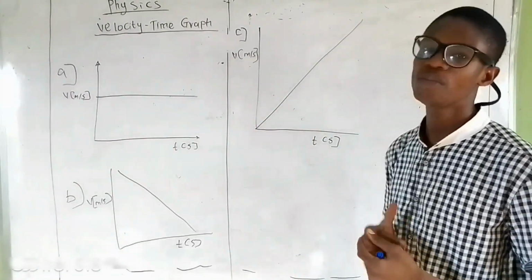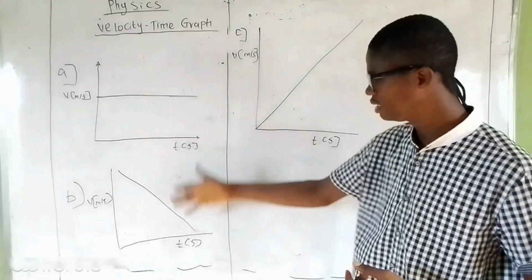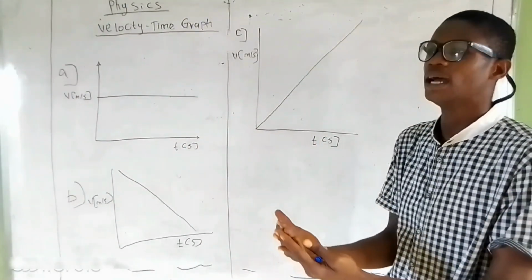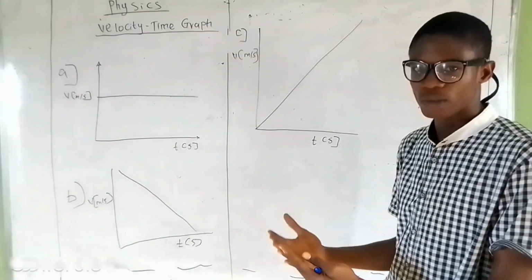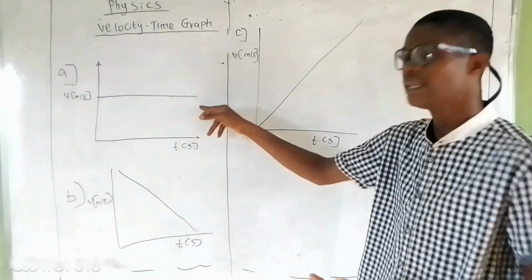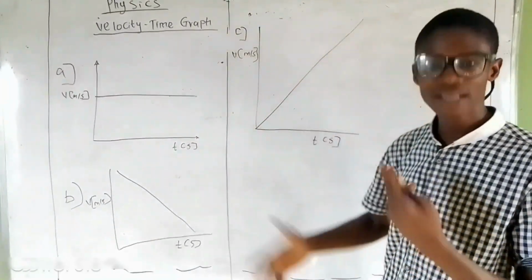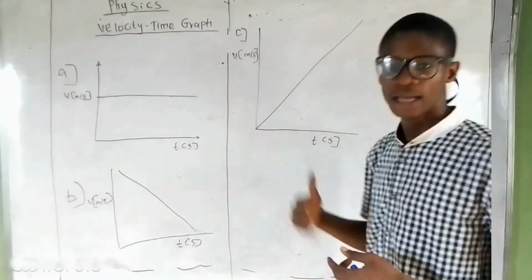We'll be looking at some examples on how to use this to solve. You can combine these diagrams and put them together while solving a particular question. You might say it is moving uniformly, later it changed and started decelerating or accelerating. So it depends on what we are given. So let's see an example.